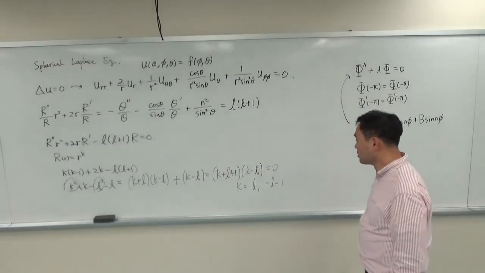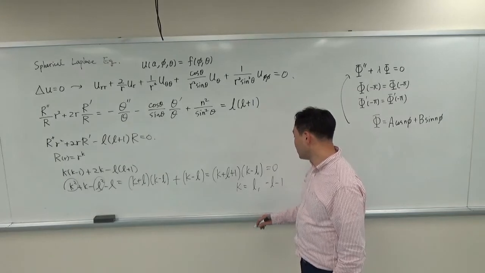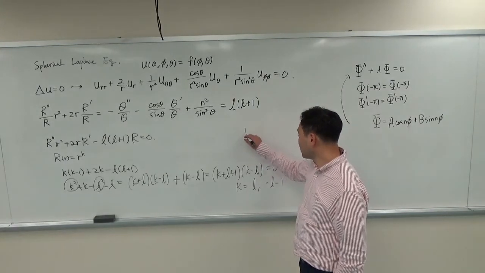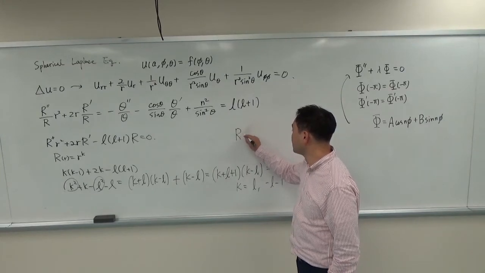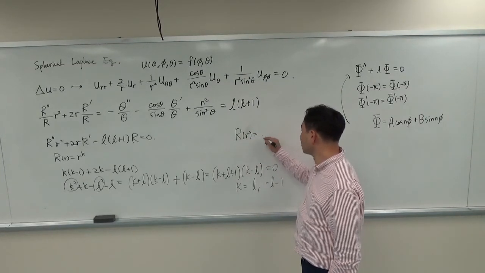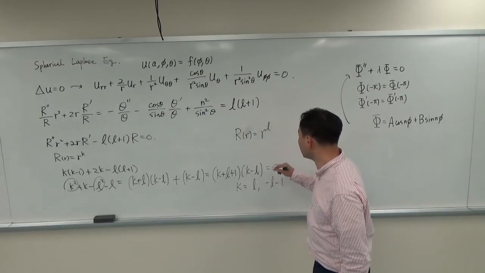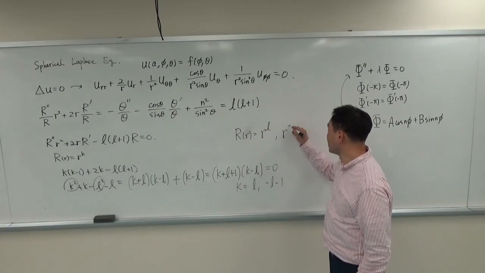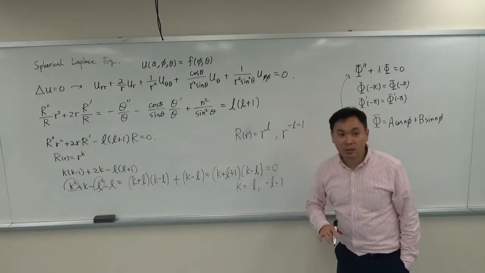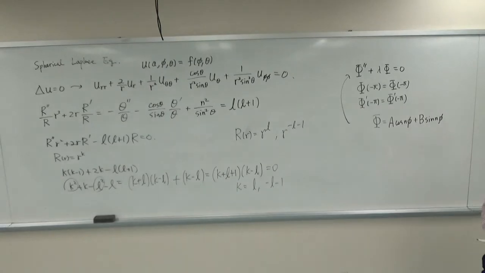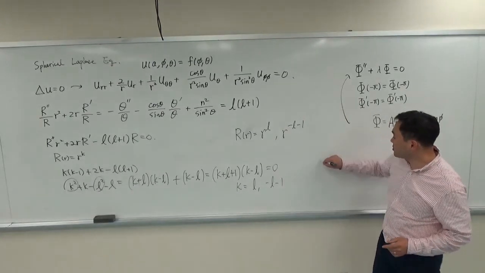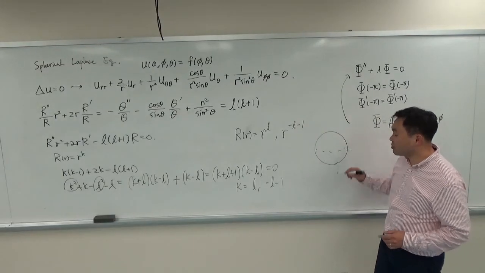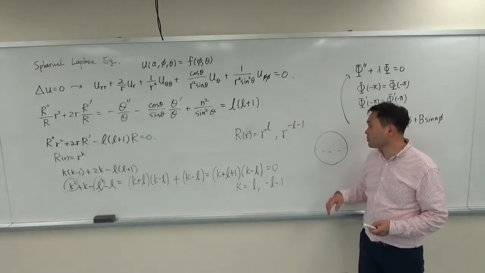Which tells us that R of R equals R to the Lth power and R to the negative L minus 1. All right, so now we can talk about this earlier comment about the sphere. Okay?